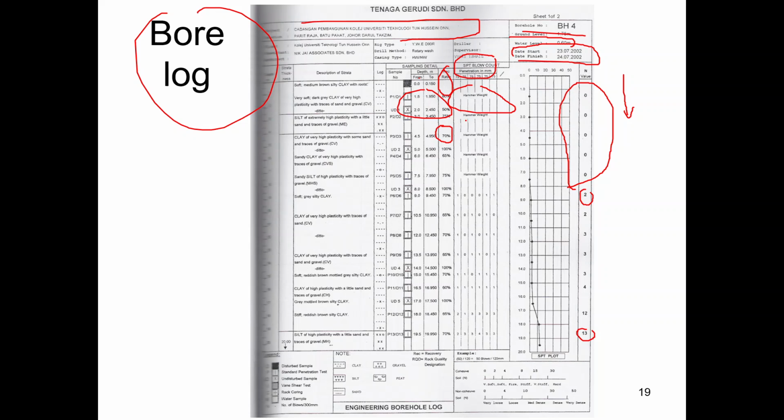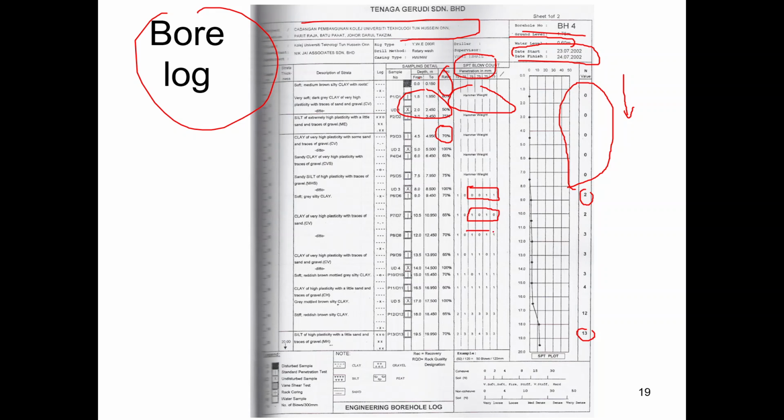They have 75 mm divisions, 1 2 3 4 5 6, and they just count the last four. The last four divisions are counted as the number of blows.